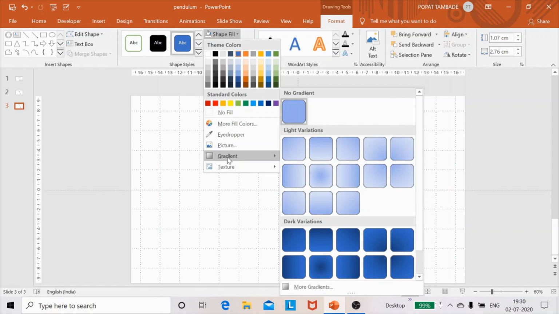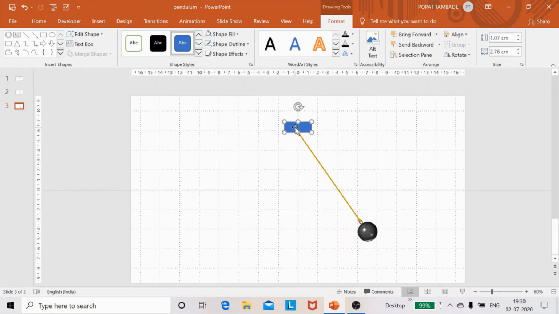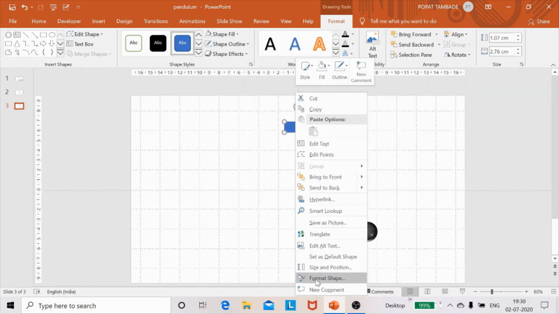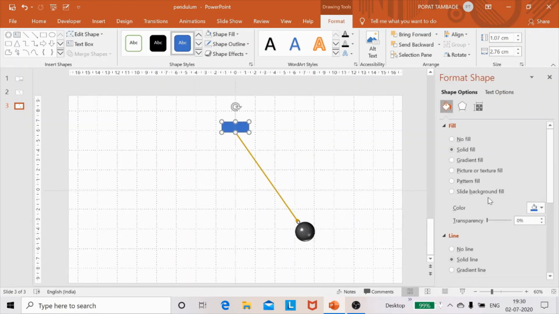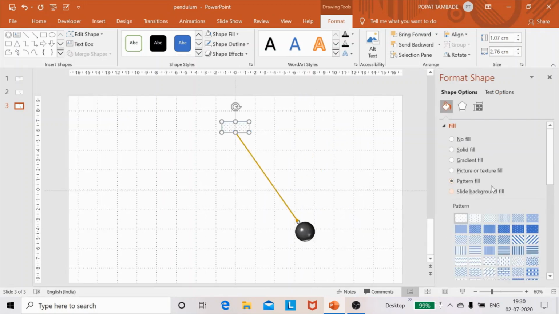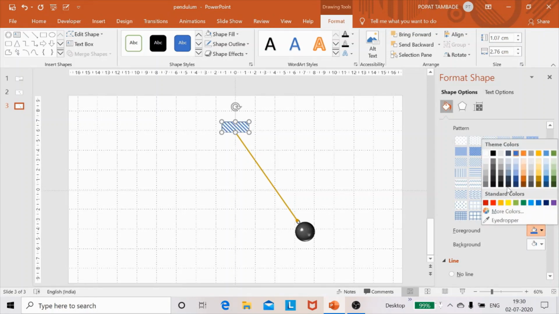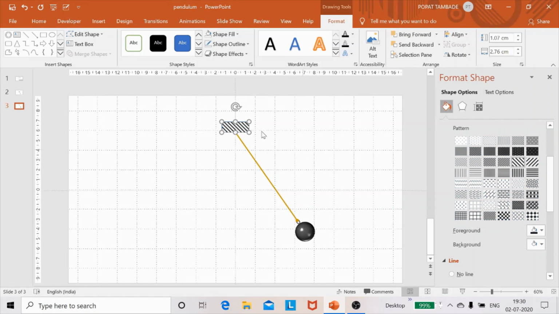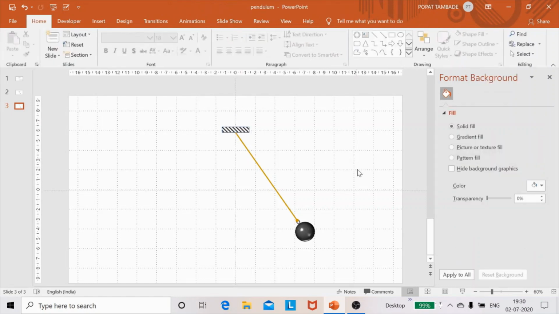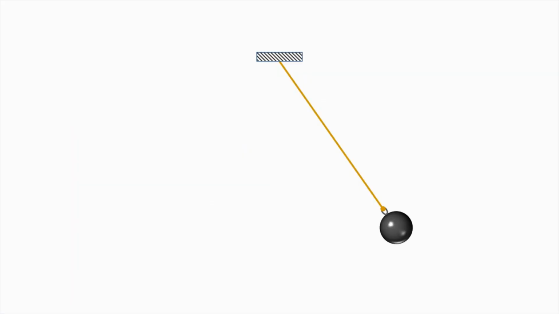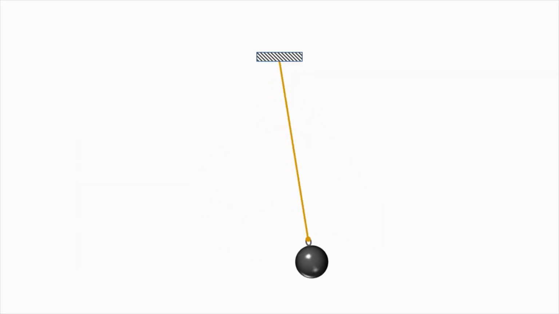For that purpose, you can right click on this, format shape, and you can go to pattern fill. You can take any pattern like this, change the color of that pattern, and resize it, and you will see like this.